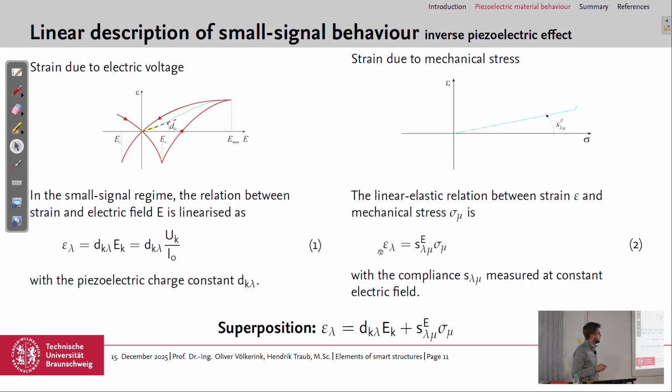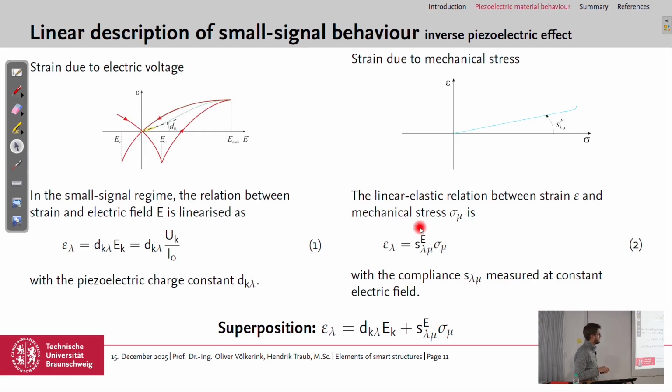And then we also have strains due to mechanical stress, which we also linearize. There we have the mechanical stress sigma mu, which is applied to the ceramic. And this is coupled with the compliance at a constant electric field to the strain, also in the direction lambda. So compliance, the inverse of the stiffness or the Young's modulus in this simplified model.